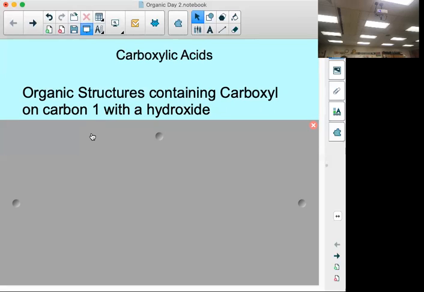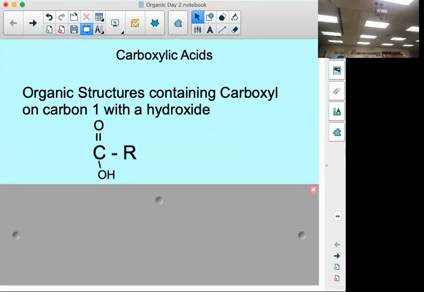So a carboxyl and a hydroxide on the first carbon. So the generic form looks like that.